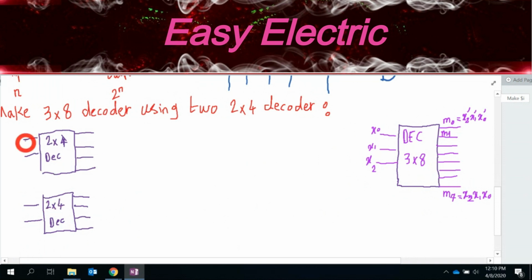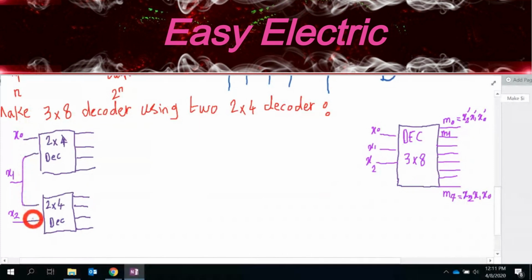Here, if you consider these two, you have 4. So you should connect some of them together, right? How about this? I connect these two to each other and call this x1, connect x0 to this, and also connect x2 to this.